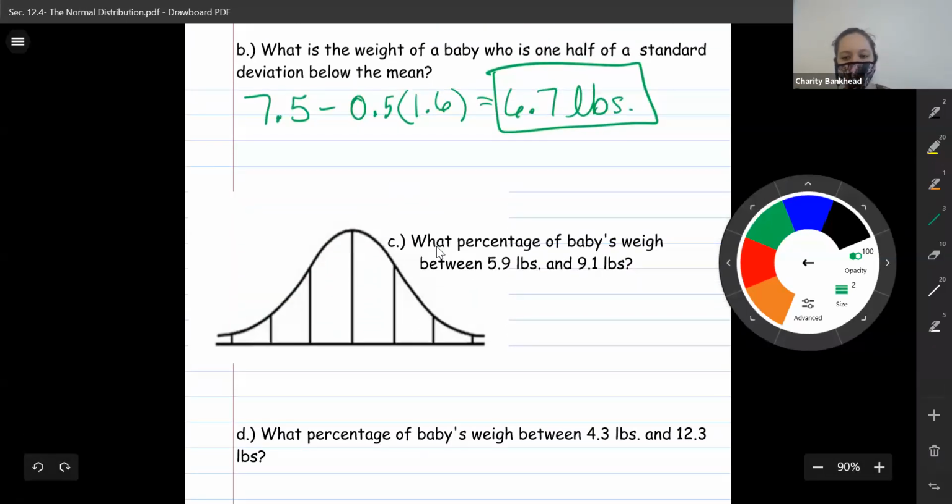All right, so if we were to fill in the numbers on this graph, we'd have 7.5 in the middle. And then if you take 7.5 plus 1.6, that equals 9.1. Plus another 1.6 equals 10.7.